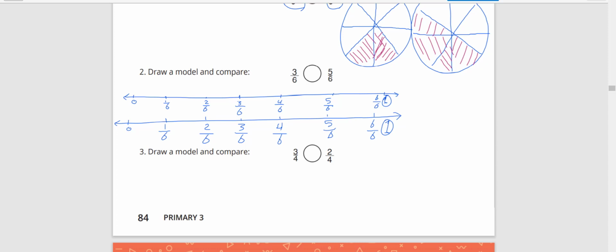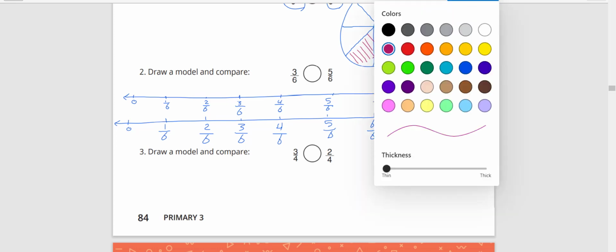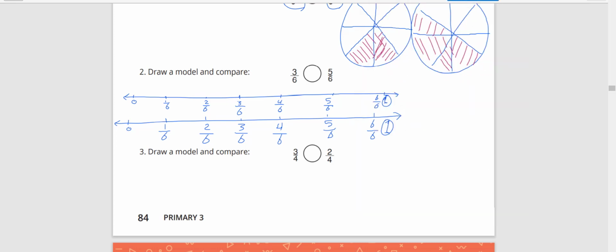Number 2, draw a model and compare 3/6 and 5/6. This number line represents 3/6 in the first number line, so shade 3 parts.